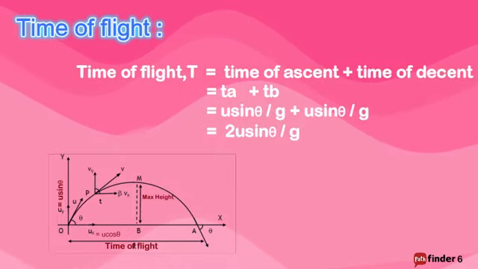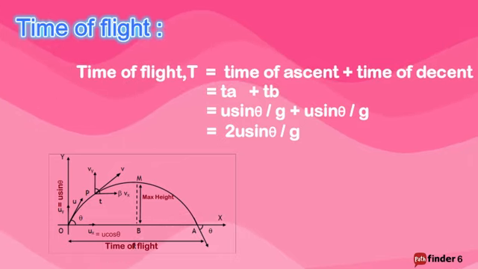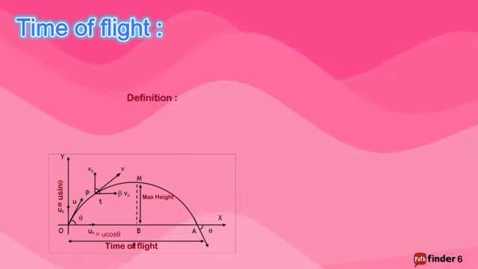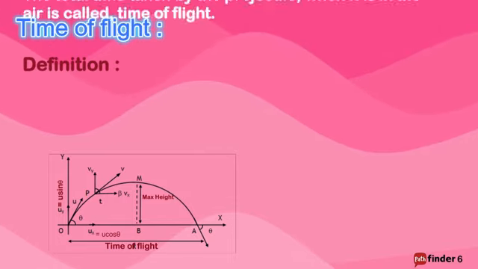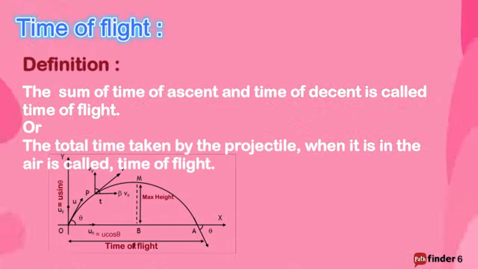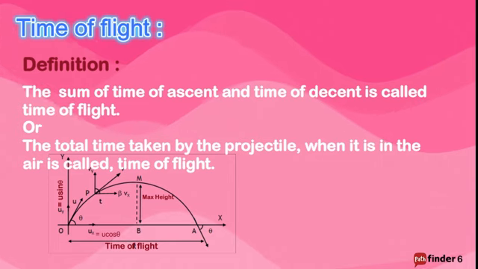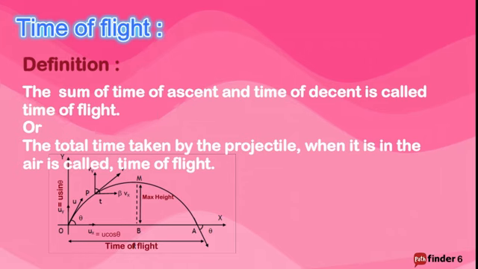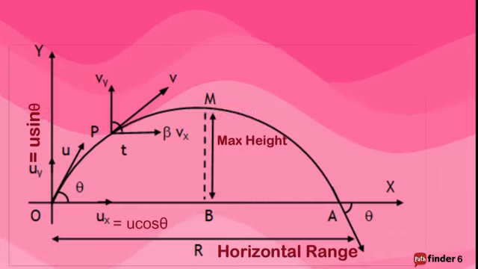Therefore, time of flight is equal to 2u sine theta by g. Definition: the sum of time of ascent and time of descent is called time of flight, or the total time taken by the projectile when it is in the air.